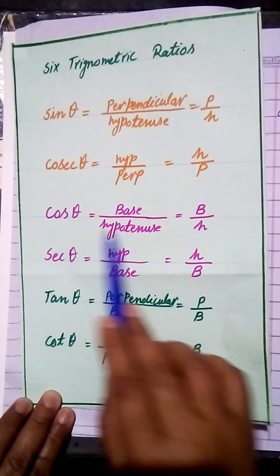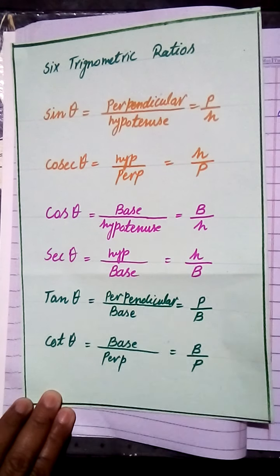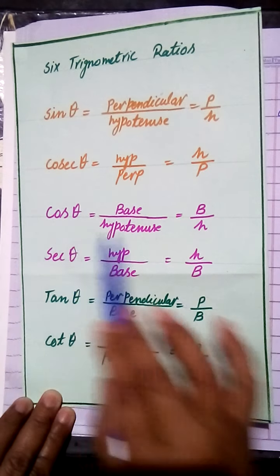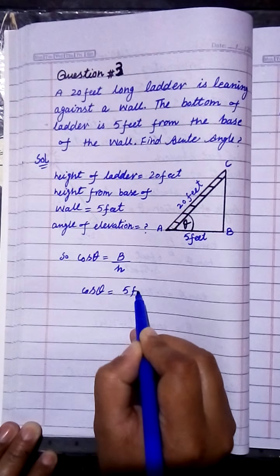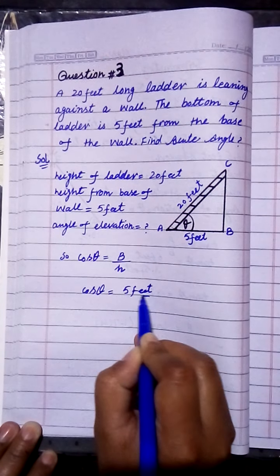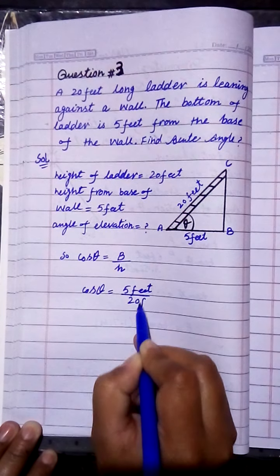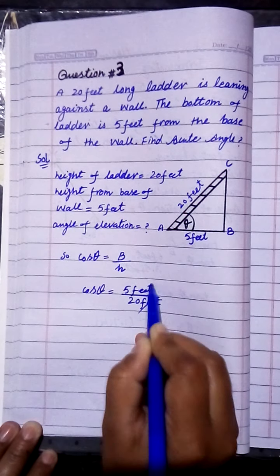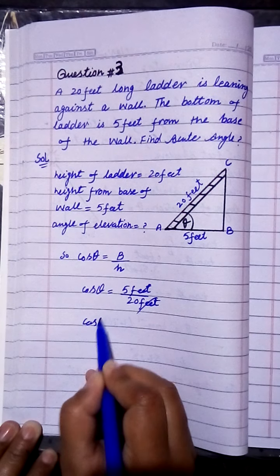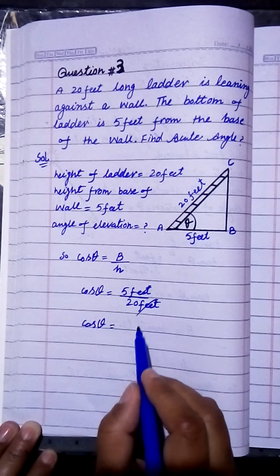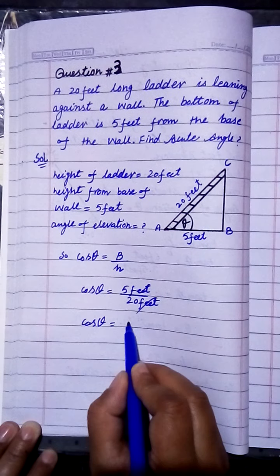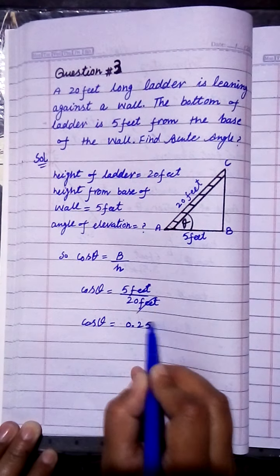So cos theta equals base by hypotenuse. It means you have to apply that formula here. Now put the values here, cos theta as it is, base here 5 feet and hypotenuse here 20 feet. Feet cancel with feet. Now cos theta equals, you have to divide 5 by 20, so it will be equal to 0.25.